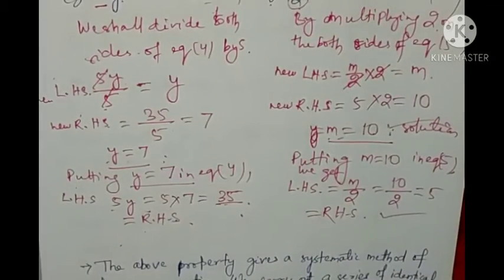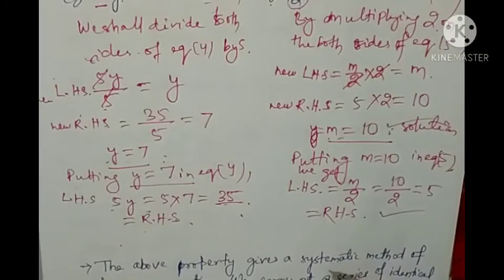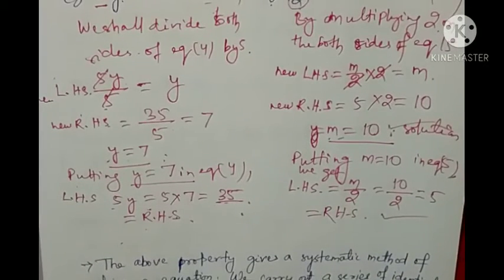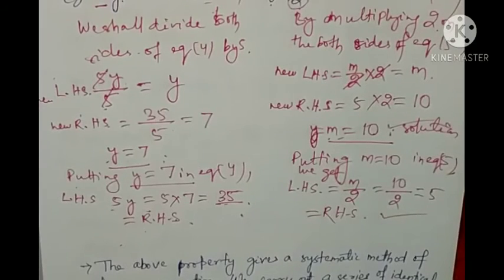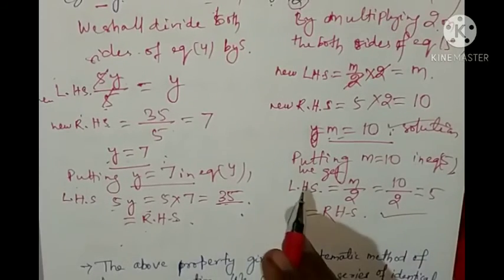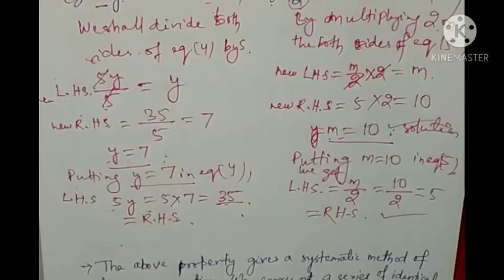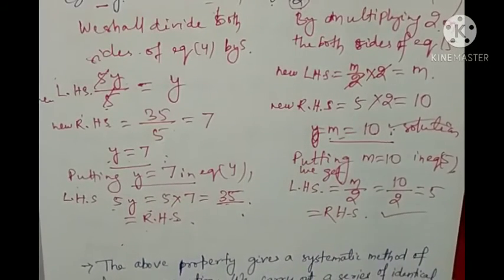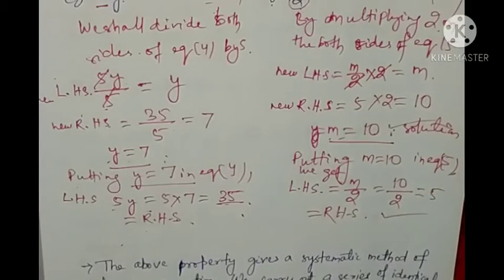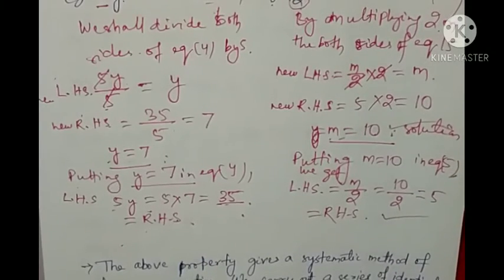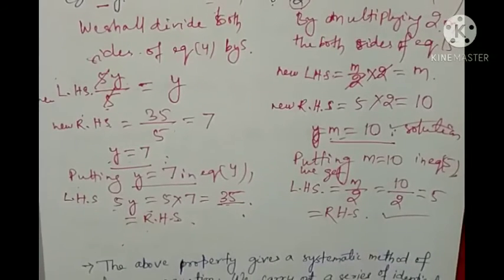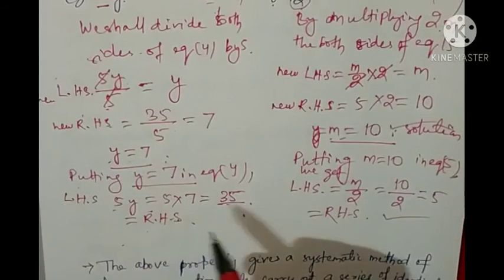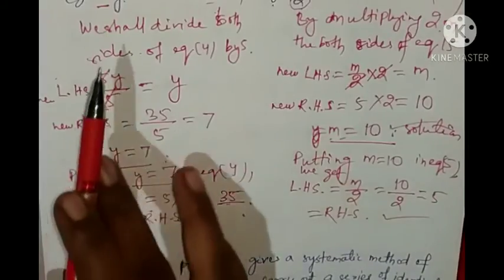So all the above properties give a systematic method of solving an equation. Sometimes we have added, sometimes subtracted, sometimes multiplied, sometimes divided. So we carry out a series of identical mathematical operations on both sides of the equation in such a way that on one of the sides we get just a variable, and the last step is the solution of the equation. We do the same operation on both sides.